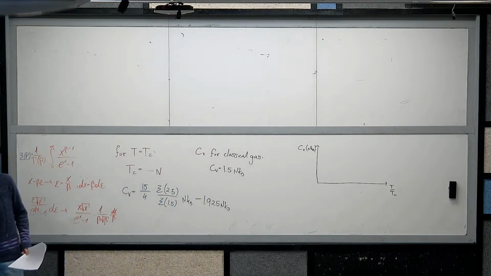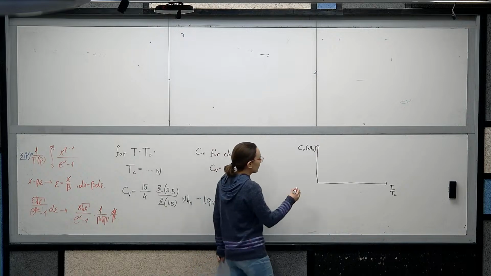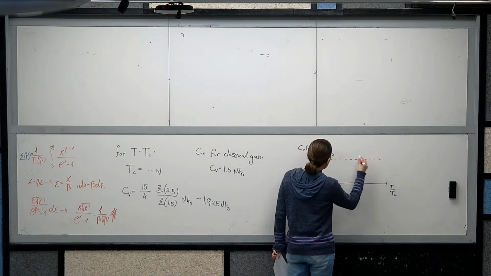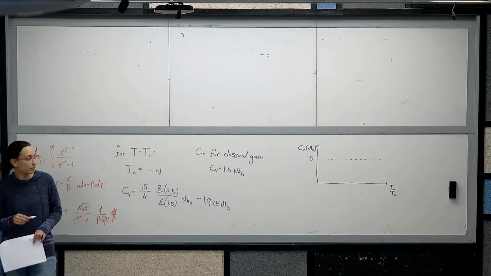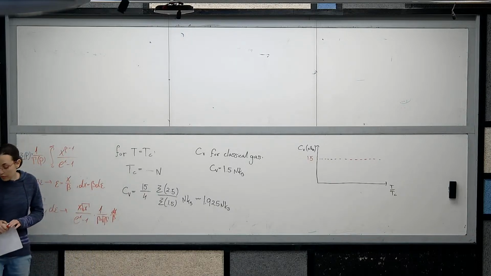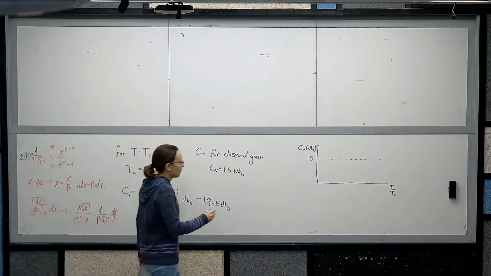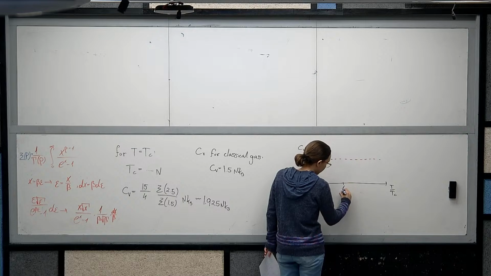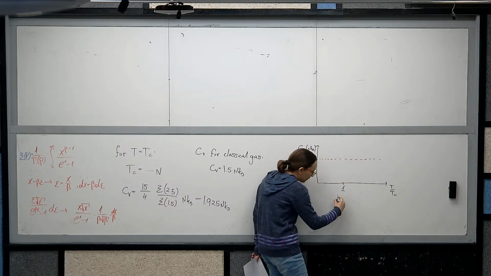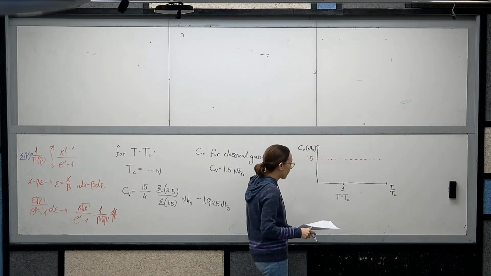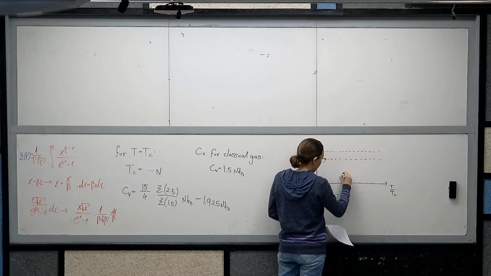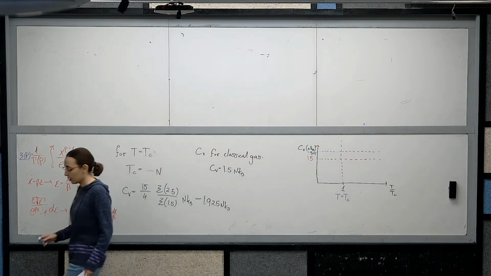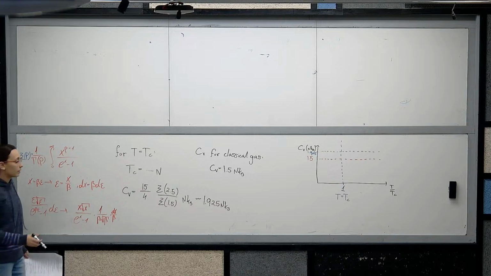We're expecting that for high temperatures, for a classical gas, this value goes to 1.5 nk_B. And at the critical temperature, where T equals T critical, we get 1.925. So the behavior will be something like this.